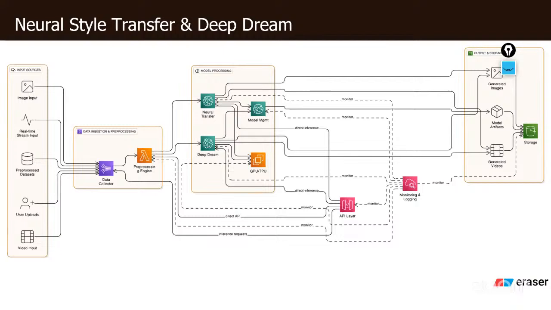Then we have the style representation, where we compute the Gram matrix across multiple convolution layers. These capture the correlation between the feature channels, and it will capture brush stroke textures and color palettes as well.